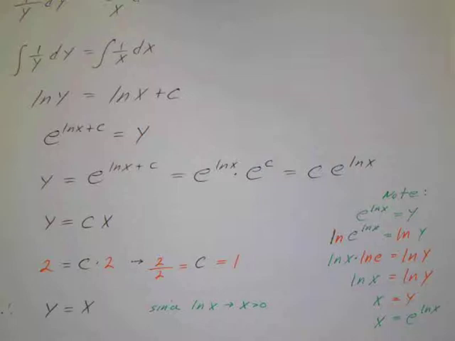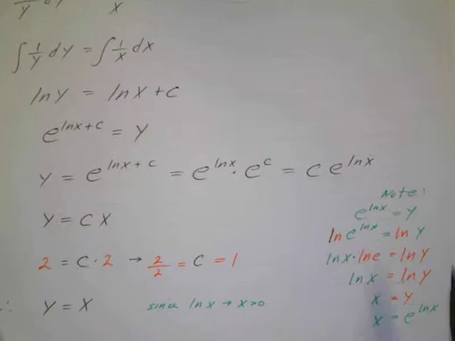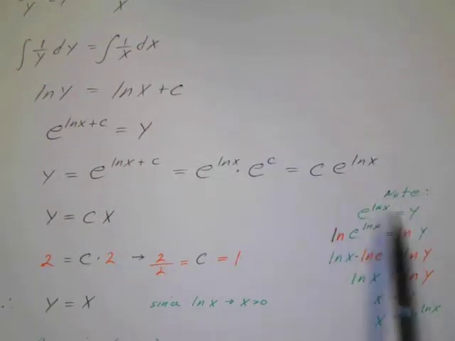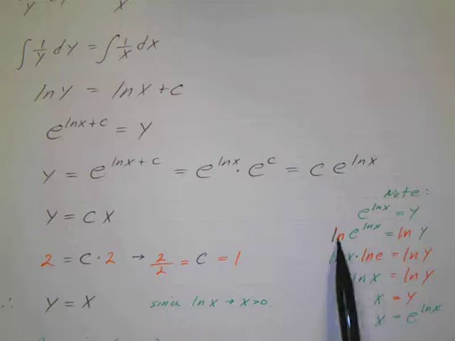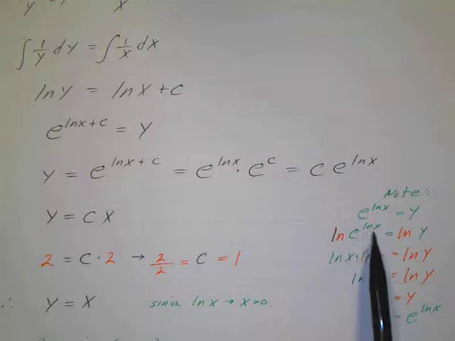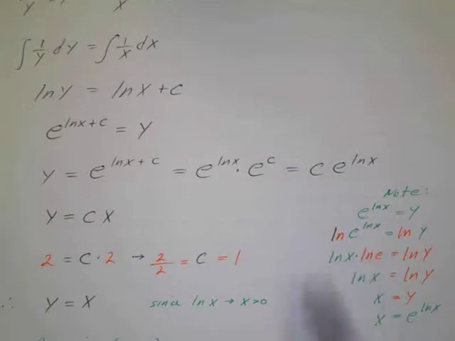If you wanted to do it a little bit more analytic or mechanical way, you could just say, well, what is e to the natural log of x? I can call that y. Then I could take the natural log of both sides. So the natural log of e to the natural log of x equals the natural log of y. Then I could use my property of logarithms and put this natural log of x in front. And the natural log of e is just 1, we know that.